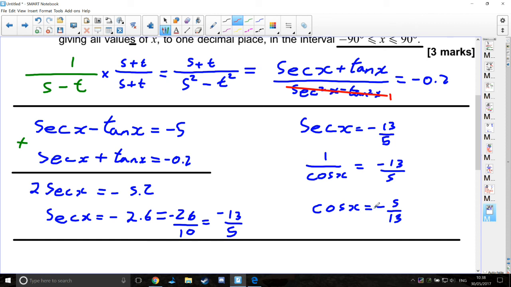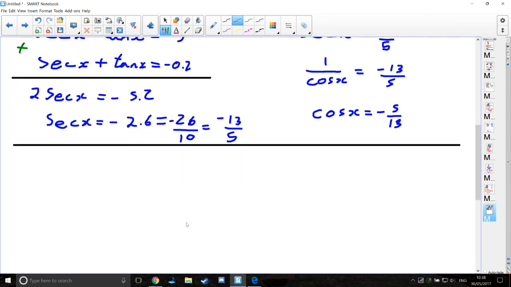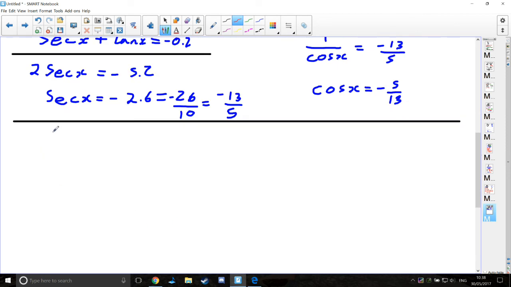So what I could say from this is that cos of 2x minus 70 is negative 5/13.